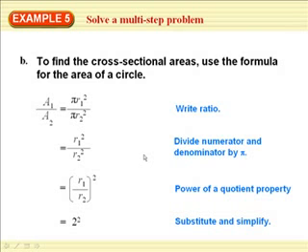So to find the cross-sectional areas, use the formula for the area of a circle, pi r squared. What they did right here, which is kind of cool, is when they're comparing the areas, the pi's cancel out, so you don't have to deal with it. So you just have to square each one of those.